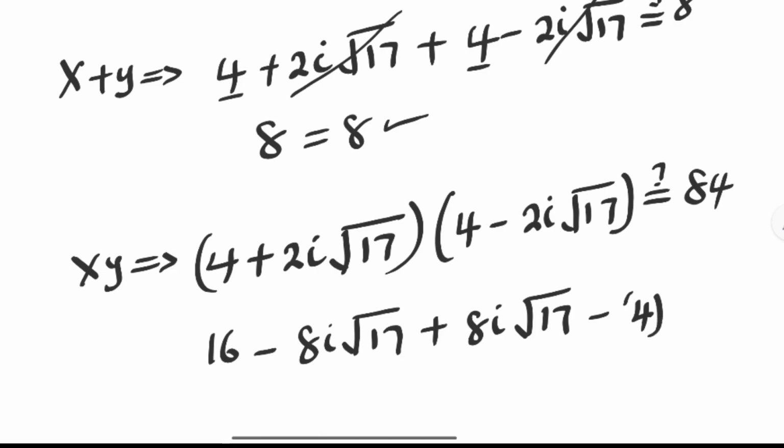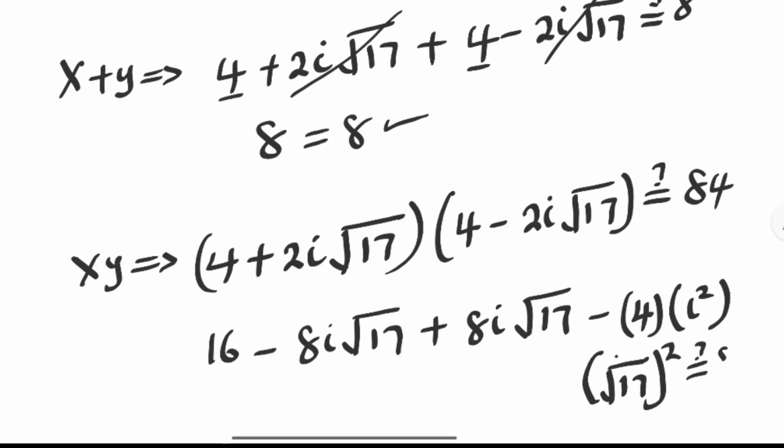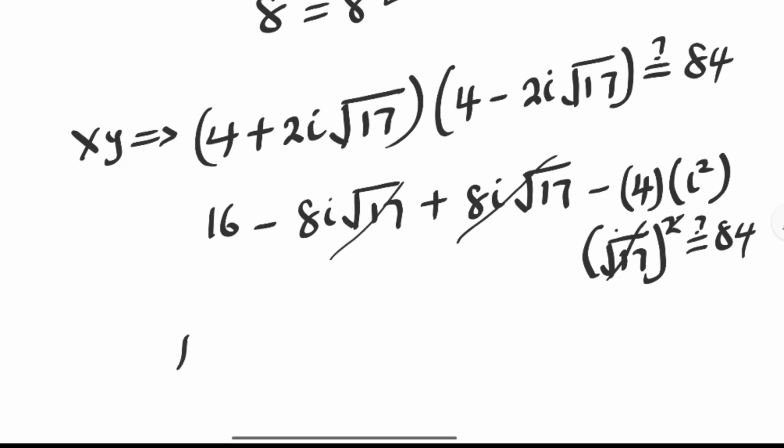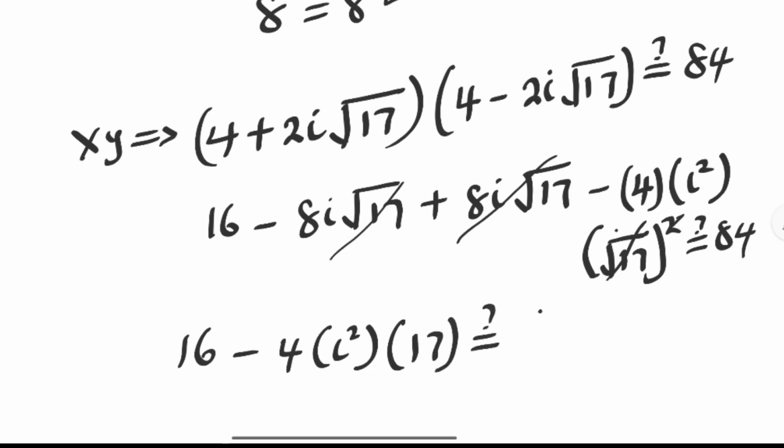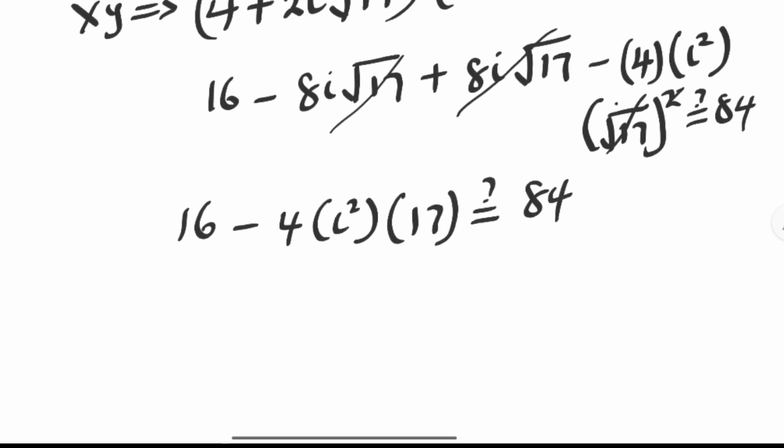This will be 4 multiplied by i squared multiplied by square root of 17 squared must be equal to 84. This cancels this. 16 minus 4 multiplied by i squared multiplied by 17 must be equal to 84.